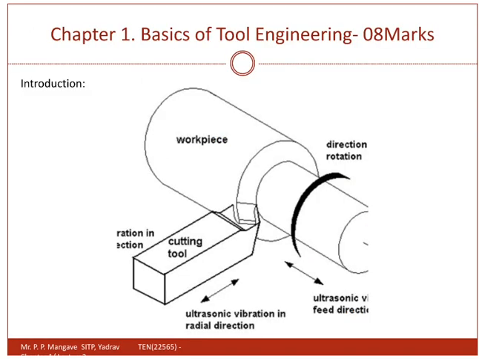Coming to the content, now what is tool engineering? A figure is shown here. It simply shows a workpiece that is rotating, and a simple cutting tool is fed against the workpiece at a certain depth or width.